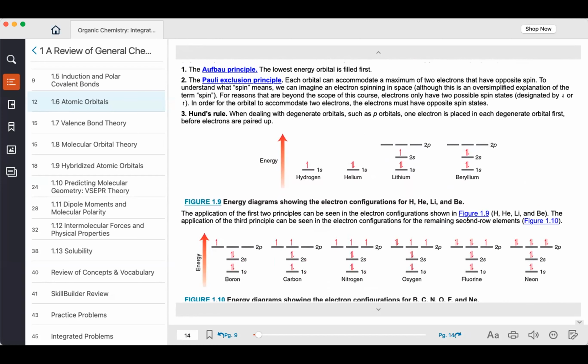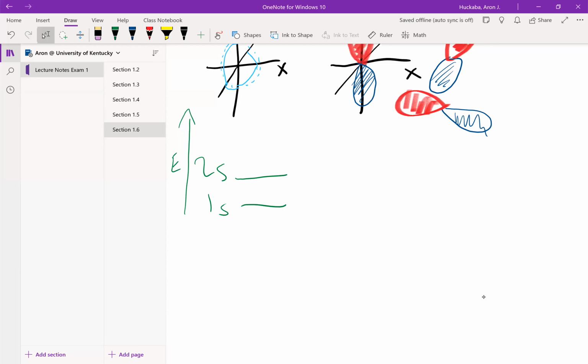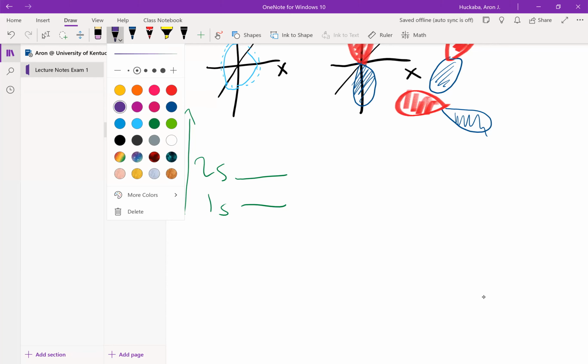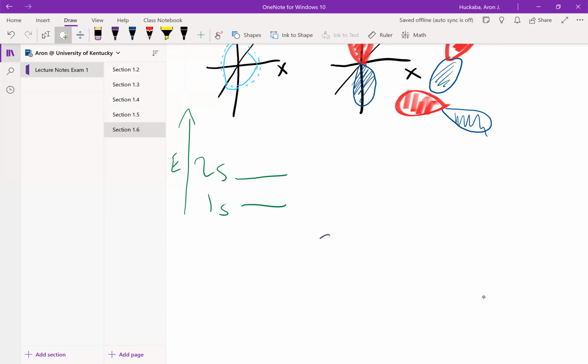I'll go back to the notebook. If we drew the electron configuration for carbon, here we have energy increasing, and carbon has 4 valence electrons in the second shell, but it also has a 1s shell.